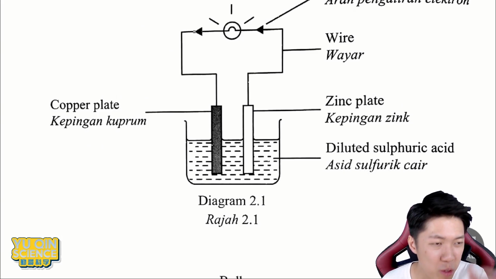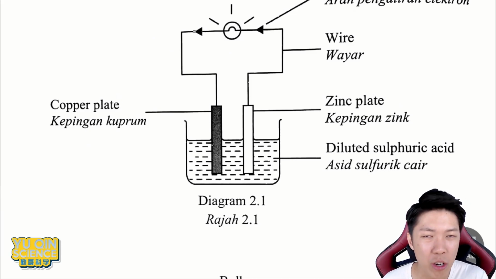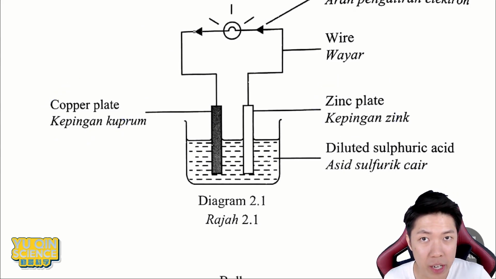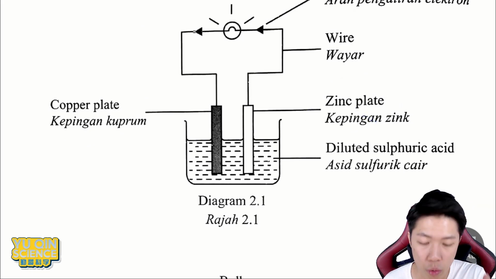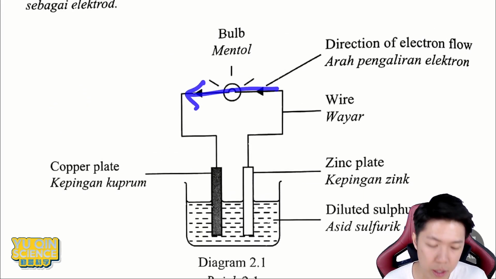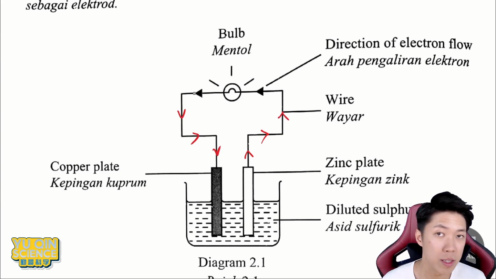People who always receive and take are people who are weaker. I mean, could be bad or could be good, just an example. So zinc has higher reactivity than copper in the list. That means zinc is the one that throws, and copper is the one that takes. So the direction goes this way, from here to here and all the way to here. That's how you remember.